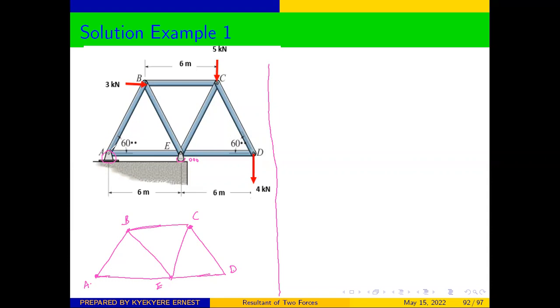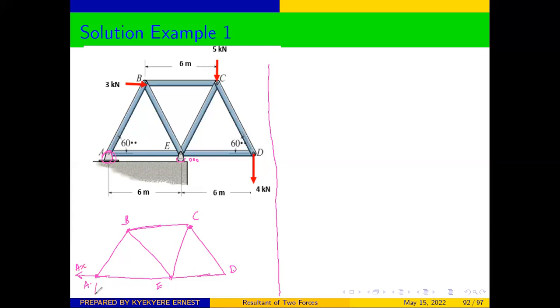And we are saying that the support at A is a pin support. When you have a pin support, it means that you have two reactions. It is restricting motion in the X, therefore we call this AX.